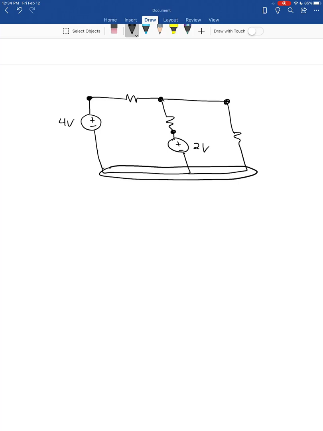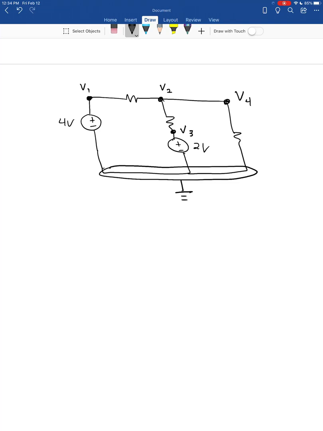And now notice that the negative terminal of both of these voltage sources shares a common node, and so we'll put the reference there. And then we'll label these others V1, V2, V3, and V4.